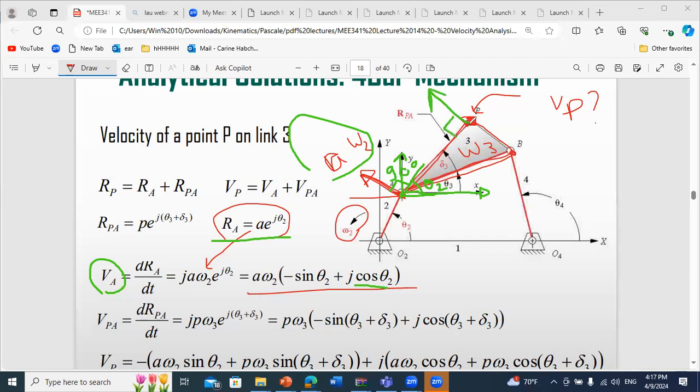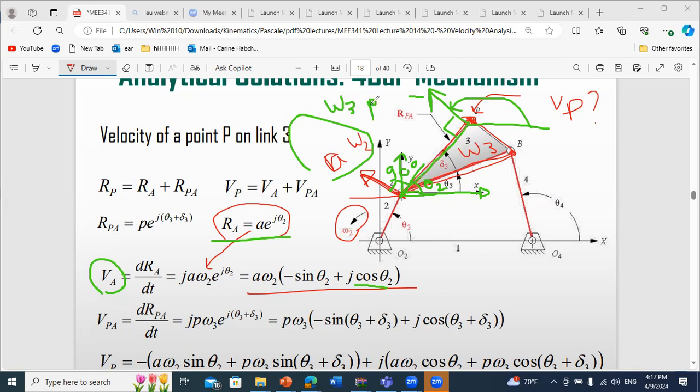So VP relative to A will make with the horizontal a total angle of theta 3 plus delta 3 plus 90, okay? And the magnitude of this relative velocity is equal to the angular velocity of the coupler, which is omega 3, times the magnitude of AP, which we called small p, okay?